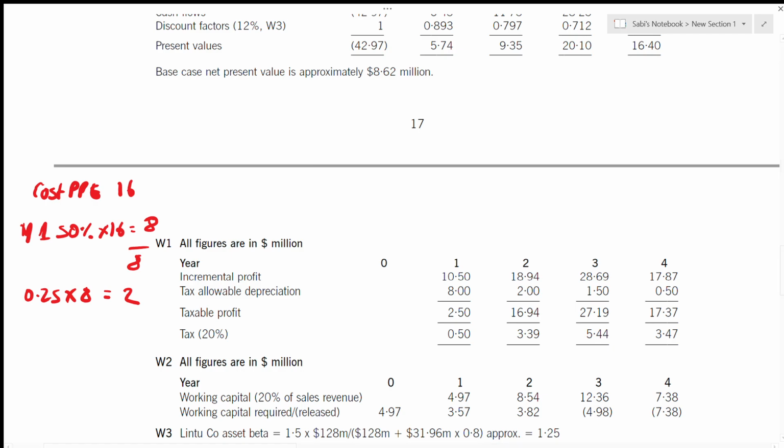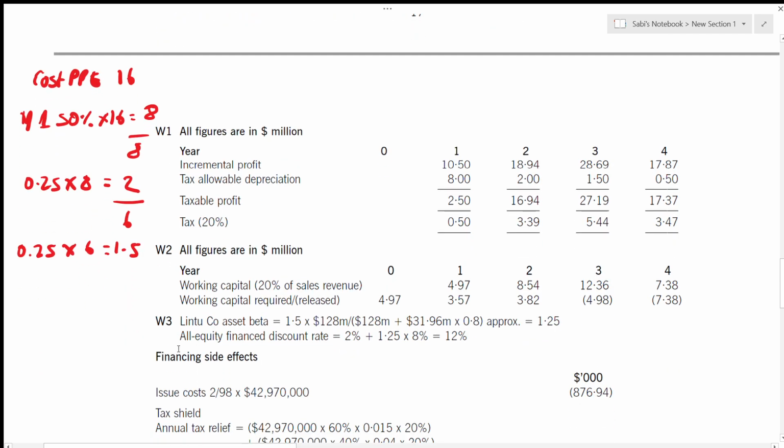And then 8 minus 2, 6. For the third year, it will be 25% on 6, which will be how much? 1.5. Exactly. And when you go to the fourth year, it is 6 minus 1.5, which is 4.5.